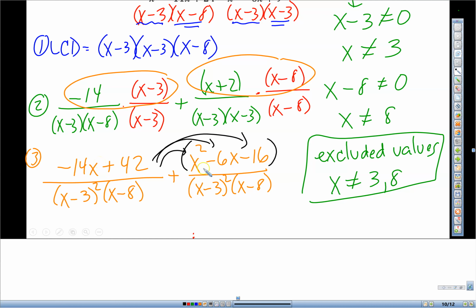Again, standard form would start with the highest power of x squared, so we have a positive x squared. Negative 14x plus negative 6x gives us a negative 20x. Positive 42 plus negative 16. Let's see if I can do that math. So 42 minus 10 would be 32. 32 minus 6 would be 26. So plus 26 over my LCD.